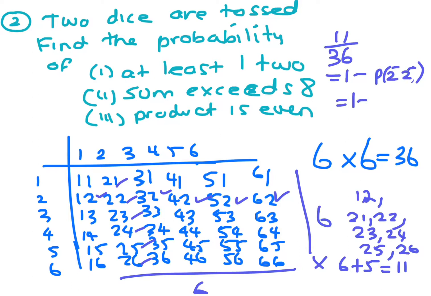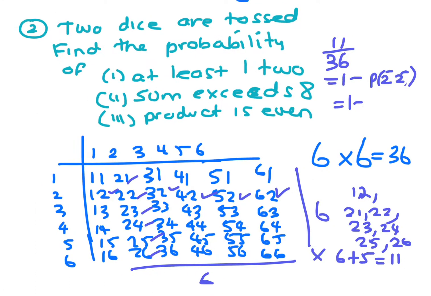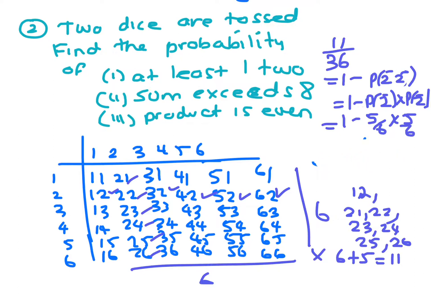Because what you do is, the probability of not getting a 2 on the first one times the probability of not getting a 2 on the second one would be 5 in 6 times 5 in 6, which will be 1 minus 25 on 36, which is 11 on 36. So you get the same answer, but you don't have to draw the table up.